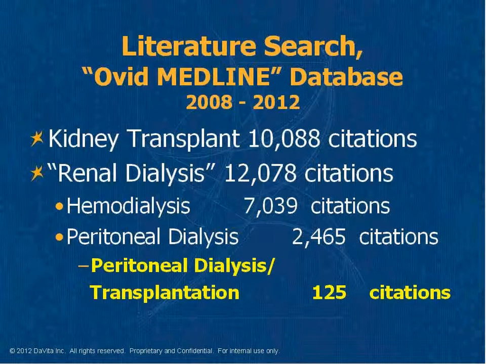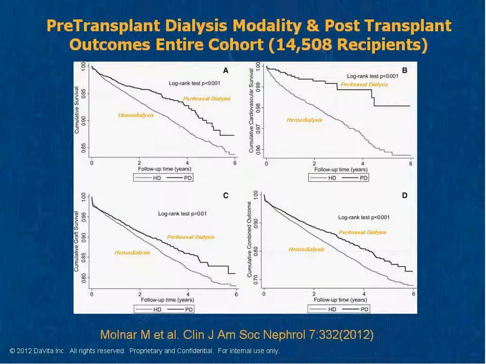Now, reviewing the outcomes in general of patients who are on peritoneal dialysis and are transplanted. The best study on this topic is probably the one done using the DaVita database of 14,580 recipients. Here, in this group, when you compare peritoneal dialysis patients versus hemodialysis patients, the survival of PD patients after transplantation was superior to that of hemodialysis patients.